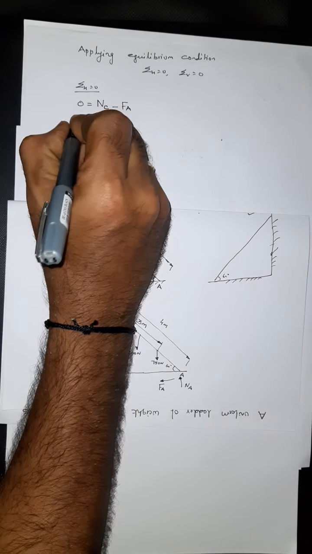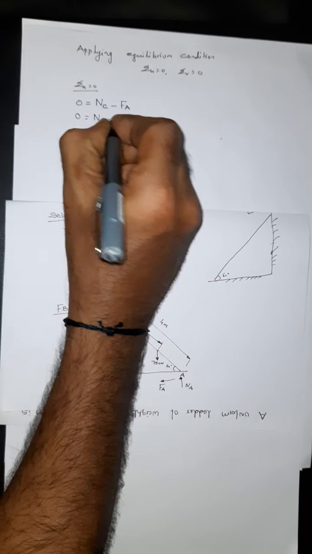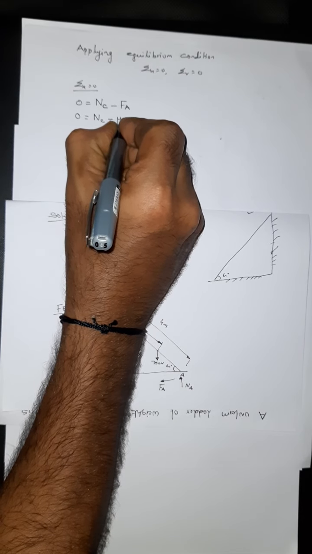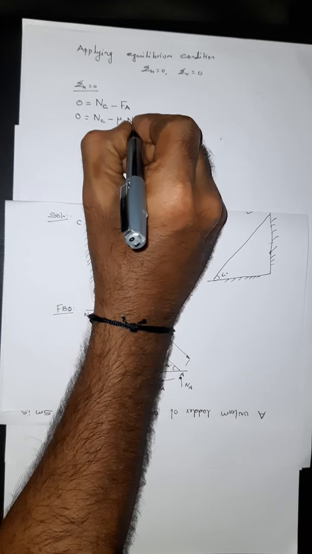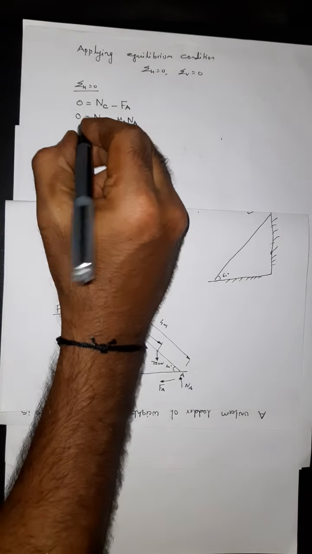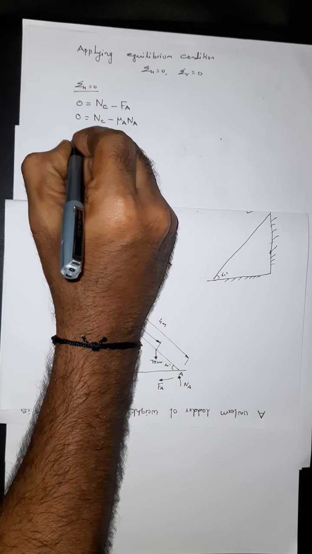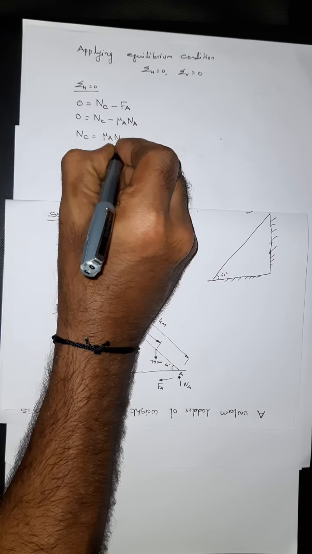Right? 0 equal to NC minus mu A into normal reaction at A. Correct. So this can be rewritten as NC is equal to mu A into NA.